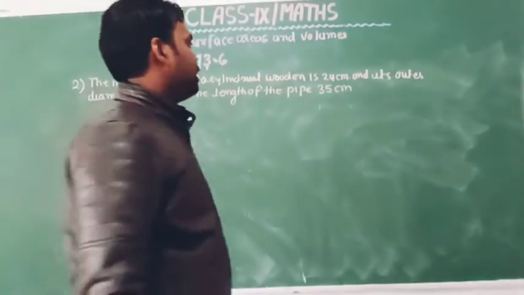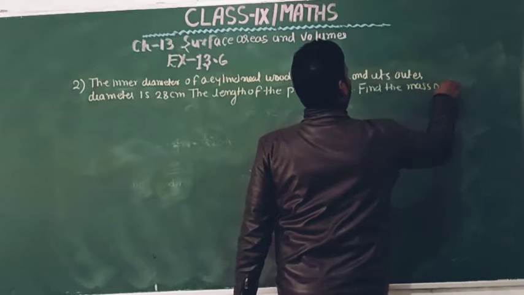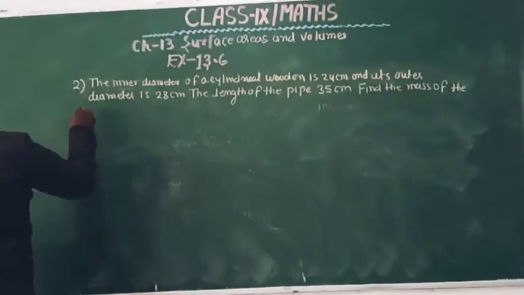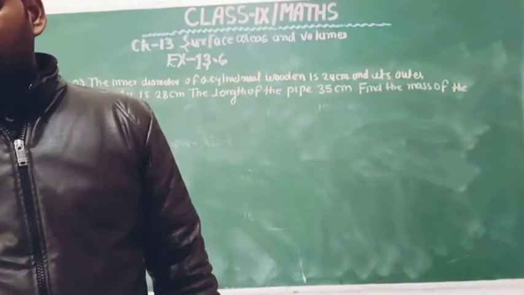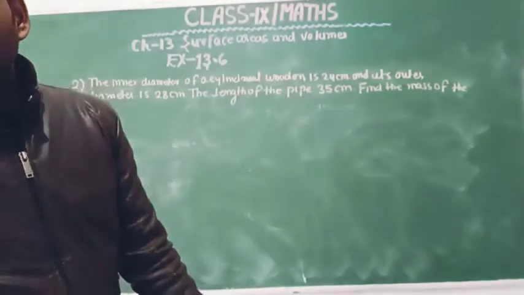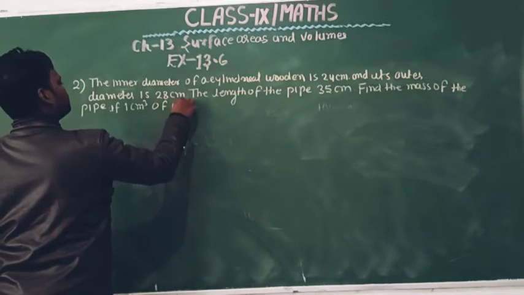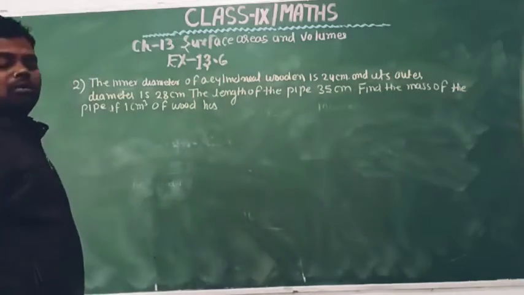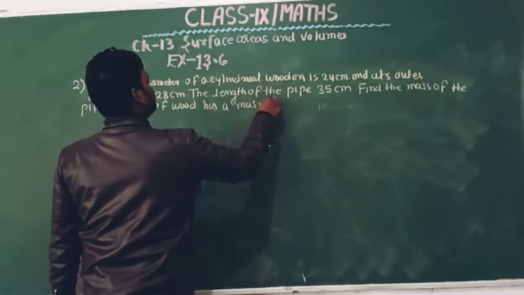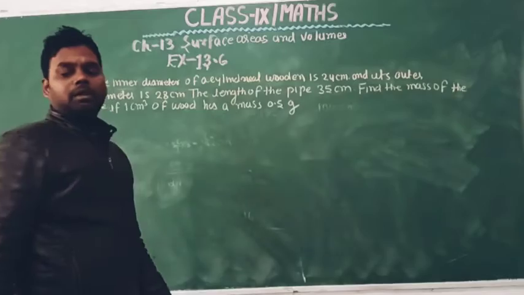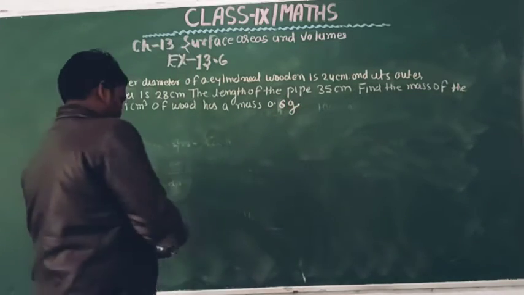Find the mass of the pipe if 1 centimeter cube of wood has a mass of 0.6 gram.